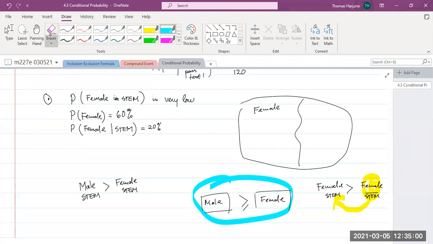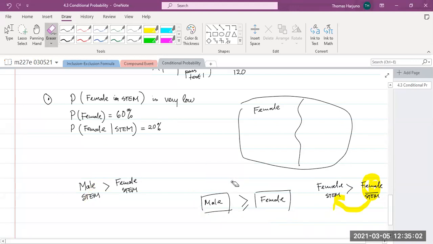Okay, but what I can try to do is push more female into the STEM program. Then if we have more female in the STEM program, the aggregate, the overall female pay will improve. The gap will not be that big anymore, hopefully.